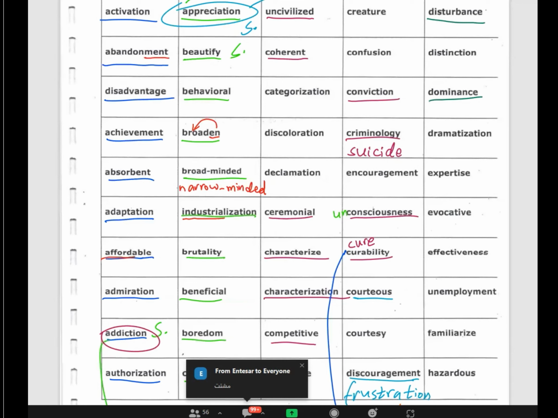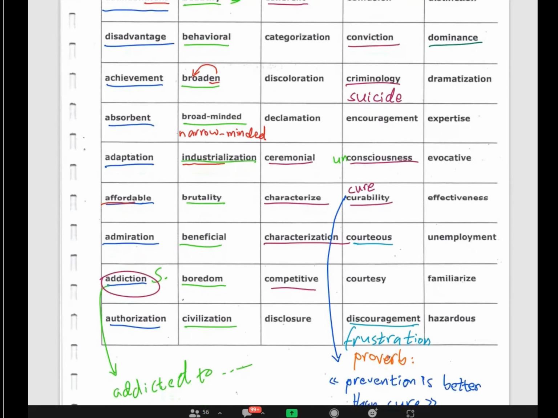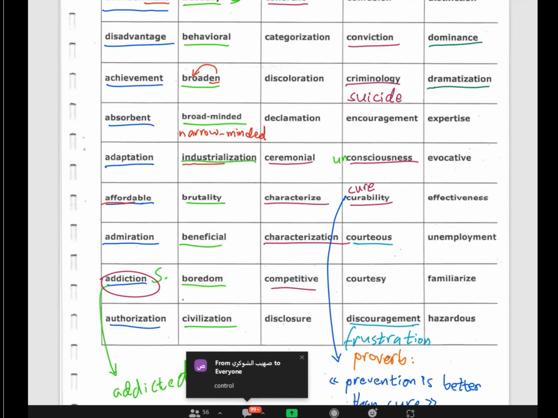Dominance, power or control. Dramatization, drama, or acting out a movie from a book or from a story.